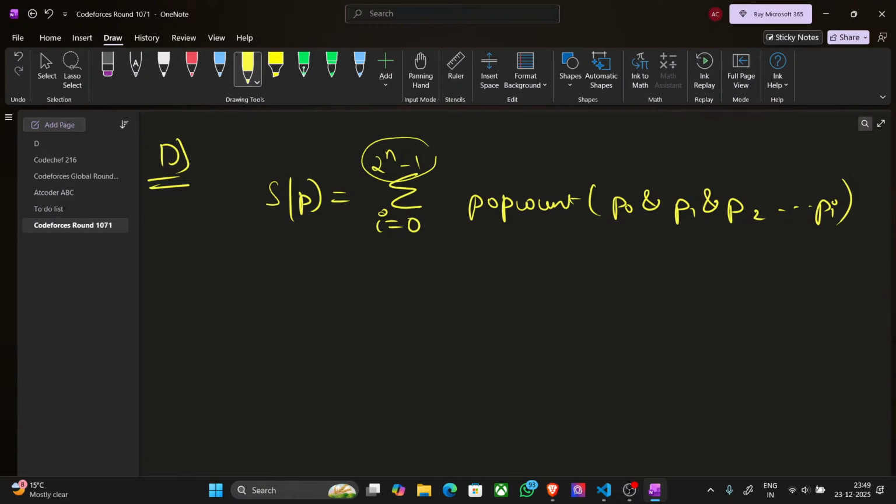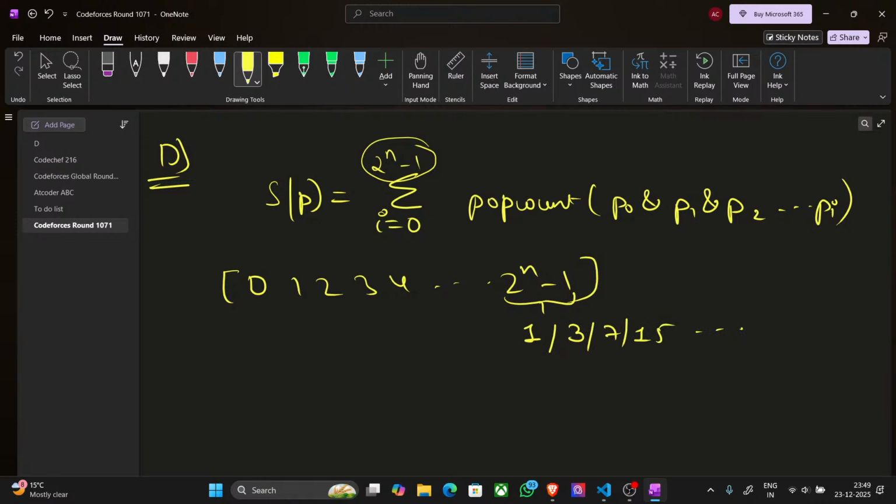Just ignore this part. This is for confusion, because my array is looking like this, and this number is 1. It can be either 1, 3, 7, 15, and anything up to 2 raised to n minus 1.